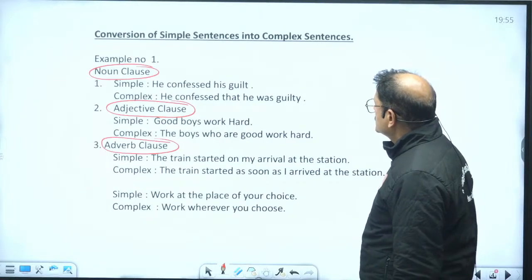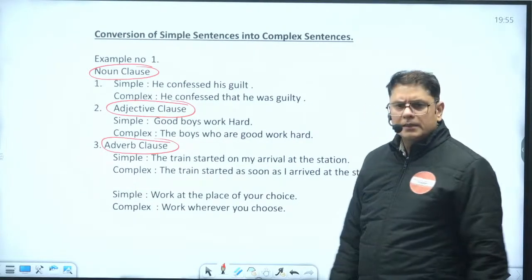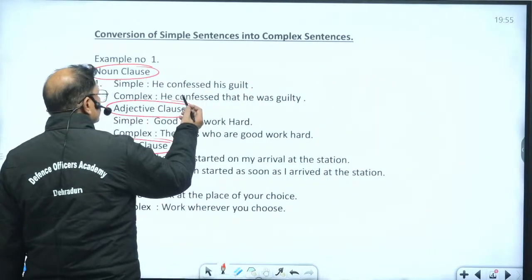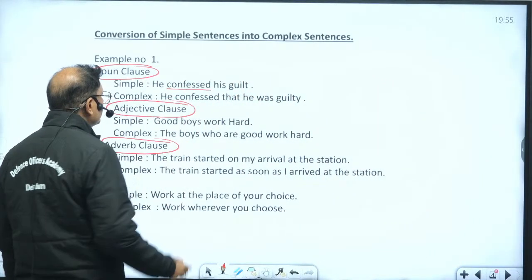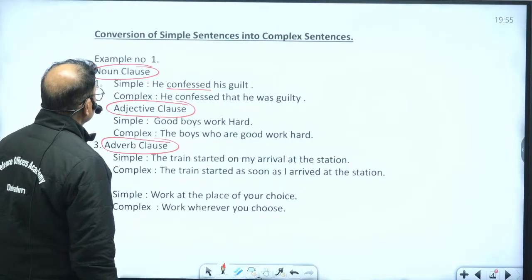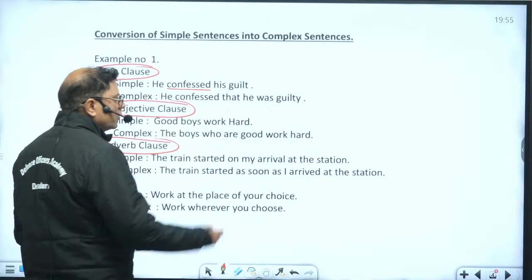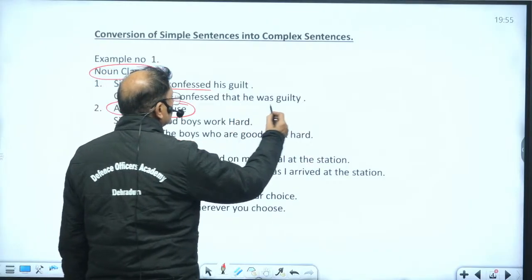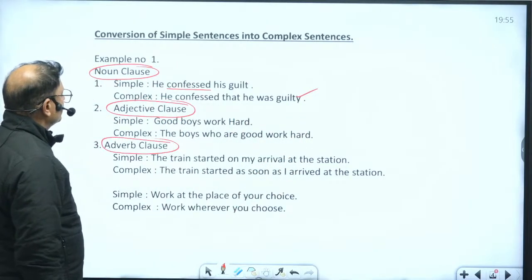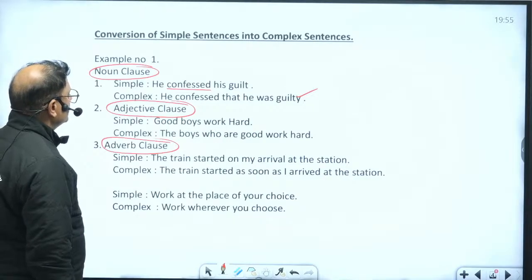He confessed his guilt. We can first understand that we have only one verb over here. So it's a simple sentence. Complex: He confessed that he was guilty. It's quite simple.